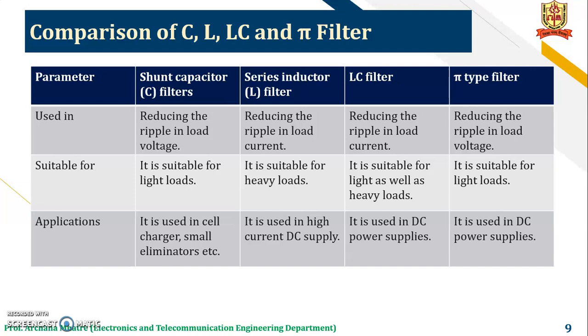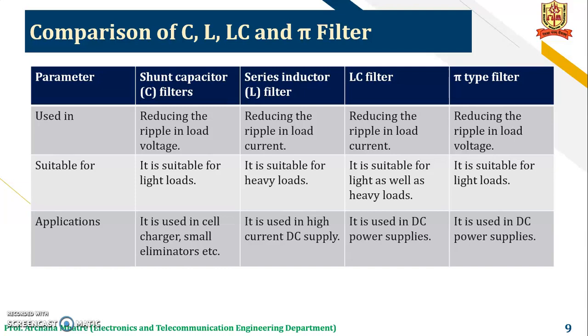Next parameter is use. C type filters are used for reducing the ripple in the load voltage. L type filters are used for reducing the ripple in the load current. LC filters are used for reducing the ripple in the load current, and pi filters are used for reducing the ripple in the load voltage.